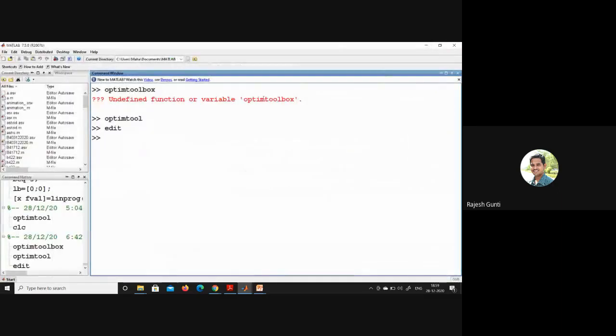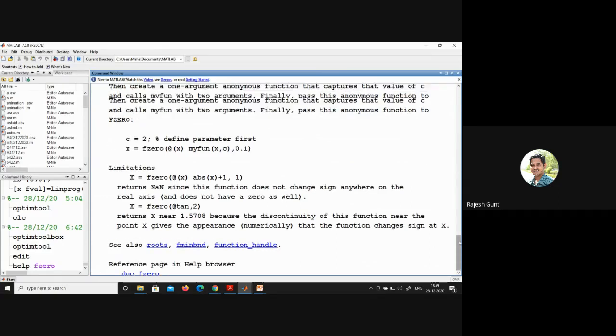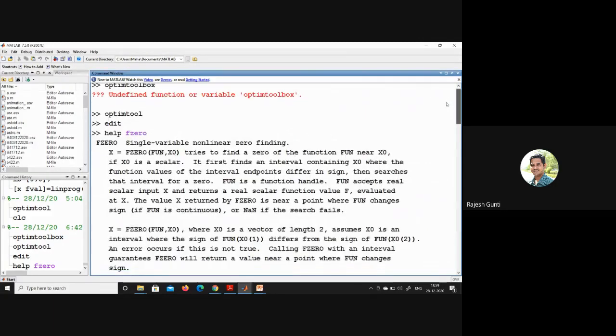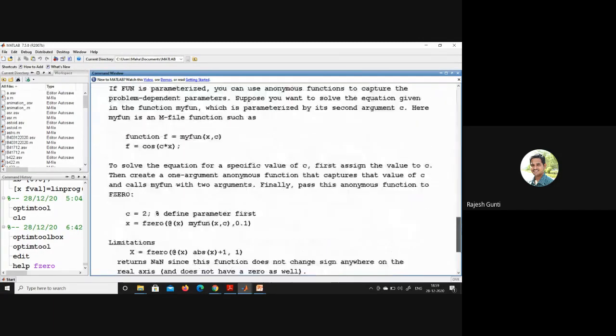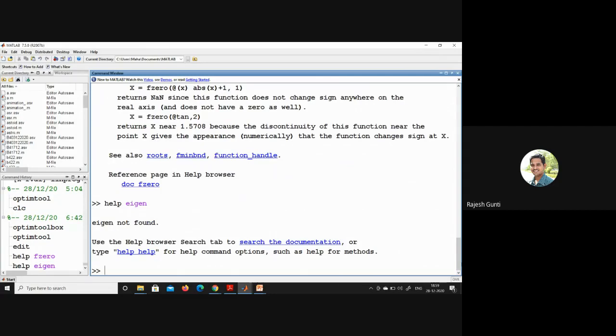Suppose one more thing, if you forget anything, use the help command, for example, help fsolve. Complete information will come here. Help and the command name. Help, for example, help eig.